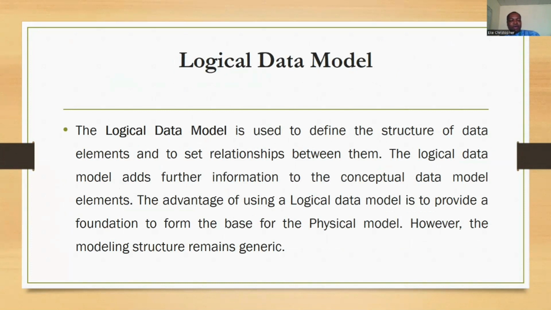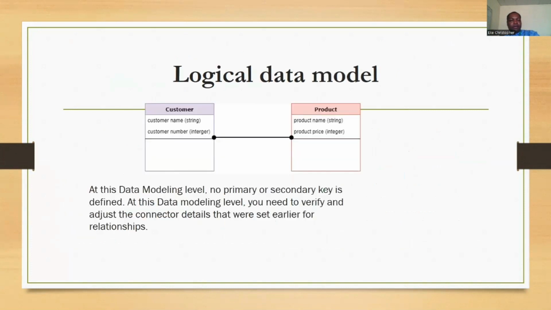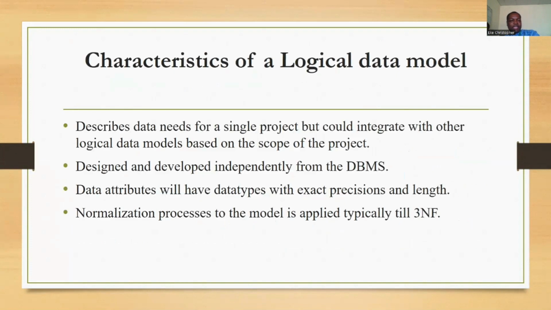However, the modeling structure remains generic. Okay. So at the data model level, no primary or secondary key is defined. At this data modeling level, you need to verify and adjust the connection details that you have set in there for the relationship. Okay, so that is in a logical data model.